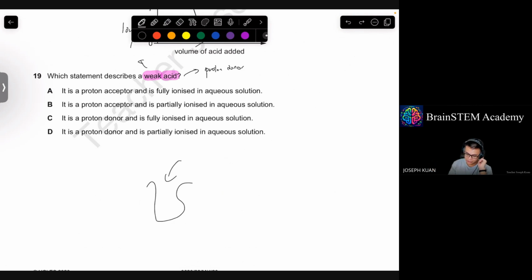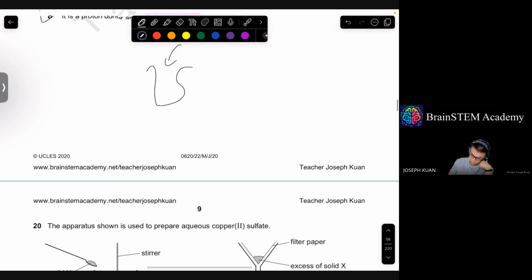It partially ionizes in aqueous solution. The keyword here is partially ionized. Weak acids partially ionize, which gives rise to a low concentration of hydrogen ions, which makes it weak.